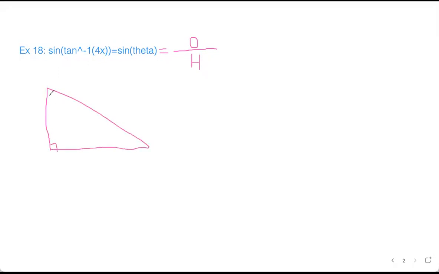All right. It doesn't matter where you put your theta. I'm going to put mine up here just to mix things up a little bit. Where do I put the 4x?